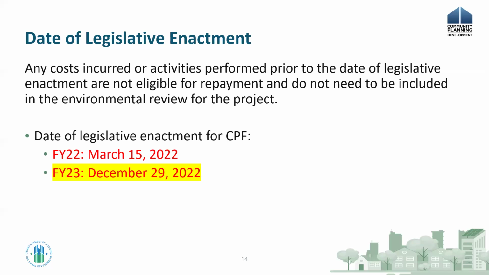Again, any costs that were incurred or activities performed prior to the date of legislative enactment for your fiscal year are not eligible for repayment, and they do not need to be included in the environmental review for the project. For fiscal year 2023, that legislative enactment date is December 29, 2022.